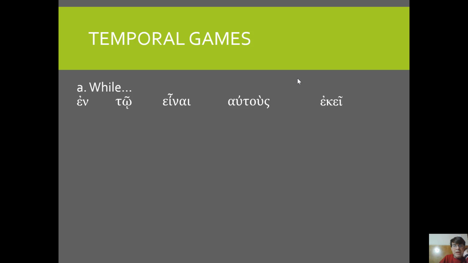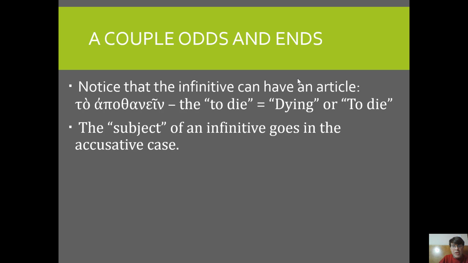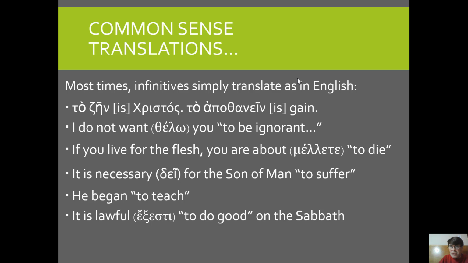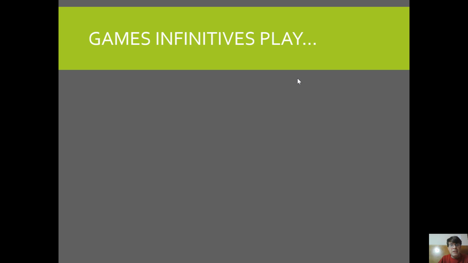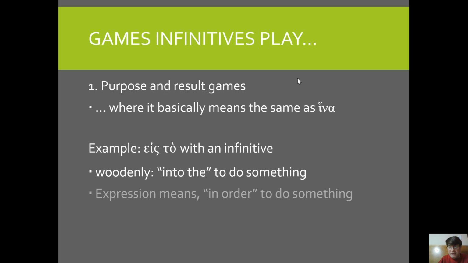So again, what are the games that you can play? Let me review again real quick. There are common sense translations where you just translate it, to dream the impossible dream. These are the ones where you just translate it as it is. Then there are the purpose and result games that are eis to with an infinitive.